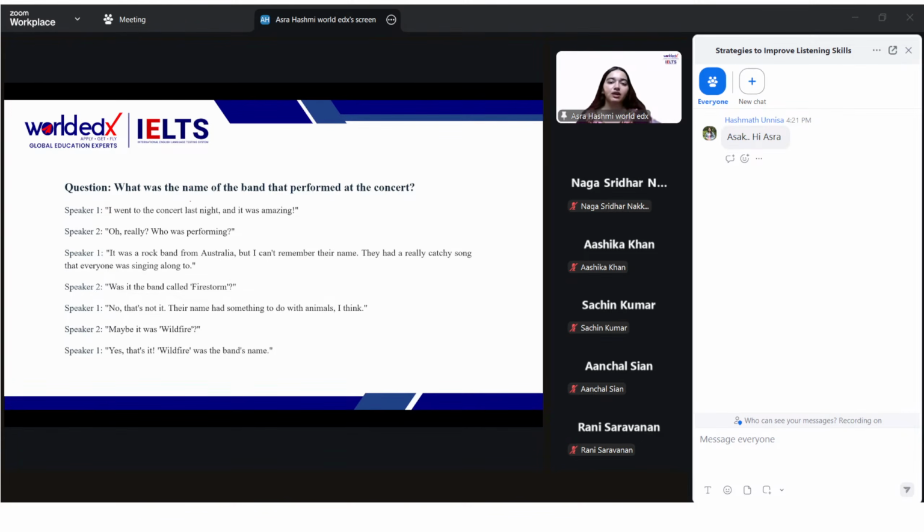For example, here the keyword is the name of the band that performed at the concert. So there's going to be a name of this particular band that you have to really listen for. And if they are getting you confused between Firestorm and Wildfire, remember the correct answer will be announced. It's just that you have to be vigilant enough to catch it.